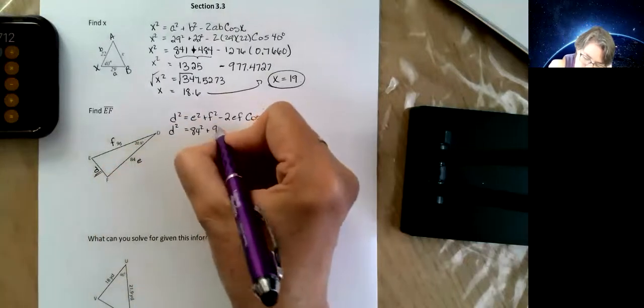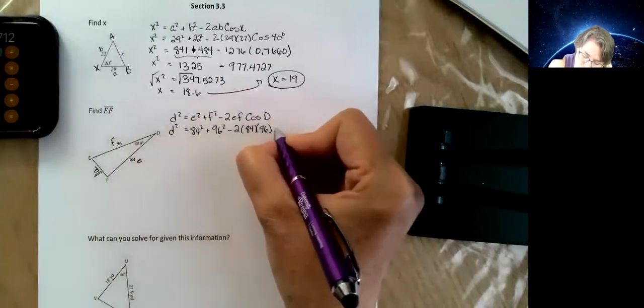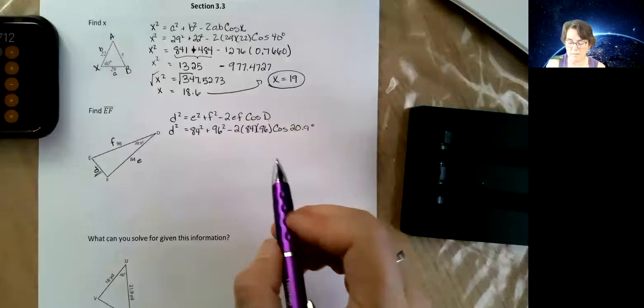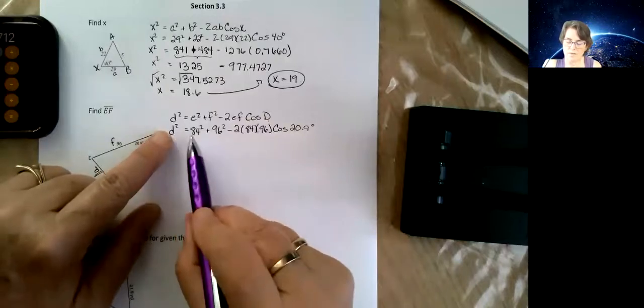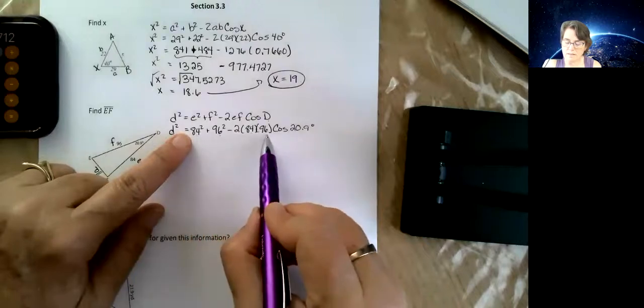D squared equals E squared, which is 84 squared, plus F, 96 squared, minus 2 times 84 times 96 cos 20.9. All right, so now I can check. I have only one variable left. Everything else is numbers. I think we're good.